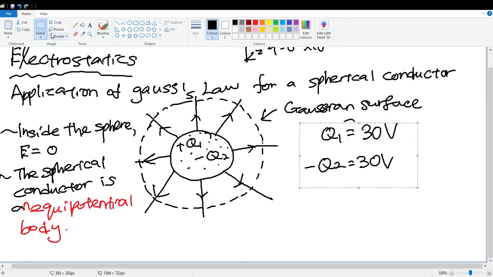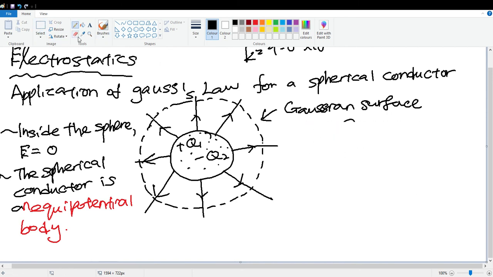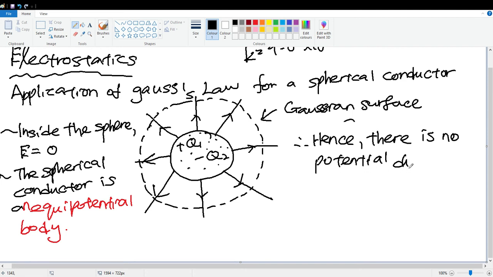Since all the region of this spherical conductor is at 30 volts, I can conclude that there is no potential difference. Without potential difference, the electric field is equal to 0.